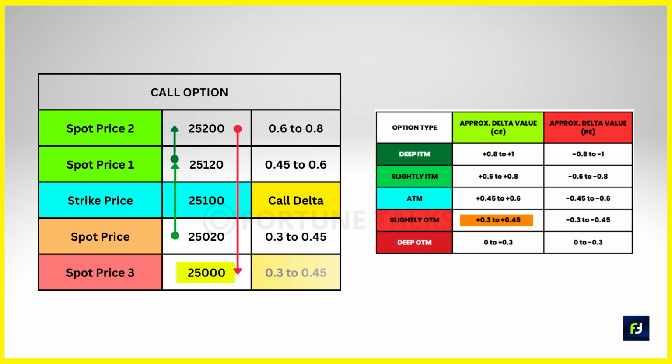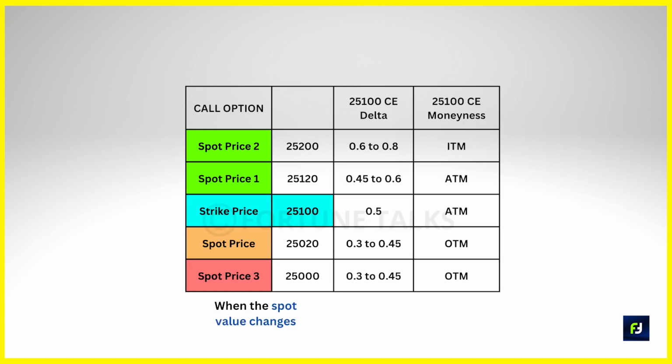Hence, the value of the delta will also fall from 0.7 to somewhere between 0.45 and 0.3. Now, did you observe anything interesting? It is just that as and when the spot value changes, the moneyness of an option changes and therefore the delta also changes. It is pretty clear that the delta changes with the changes in the value of the underlying.